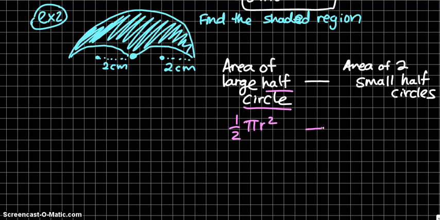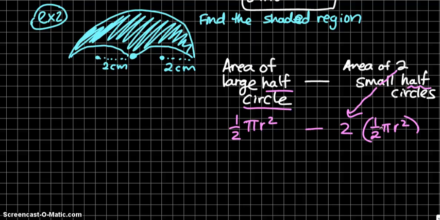And now here's what's going to be a little confusing. I've got one small half circle and another small half circle. So my area of my small half circle would be like this, but there's two of them. There's two half circles, so really, if you add them together, it's just one circle. And then we have to figure out what my radius is.